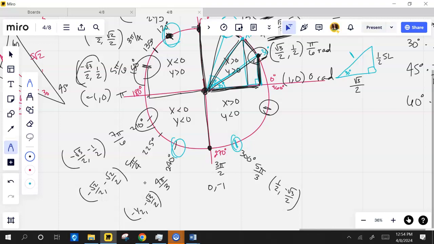315. How about in radians? Last one, 330. But in radians, there you go.